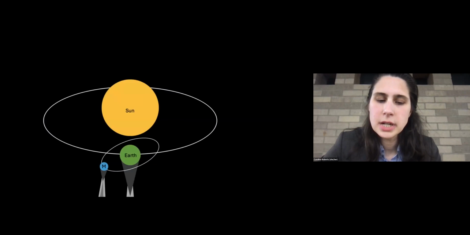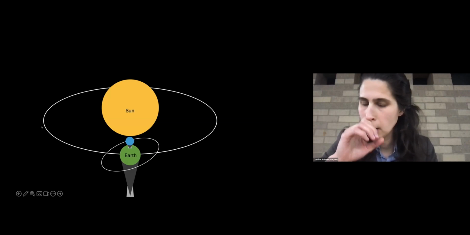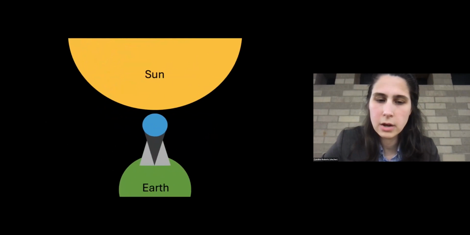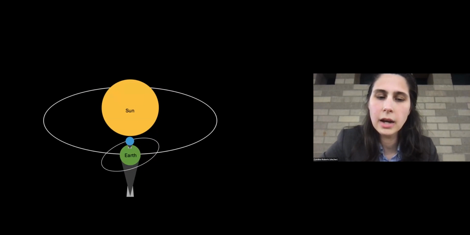But in particular, a solar eclipse occurs when the moon is between the sun and the Earth. There's a line that goes from the sun to the moon to the Earth. And you might think, okay, well, the moon goes around the Earth, and it takes about a month for it to do that.